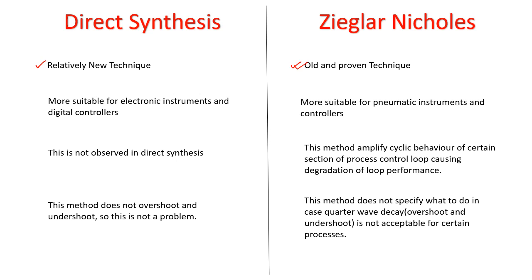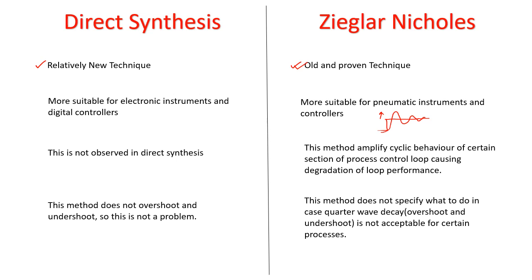So basically, if you see in the Ziegler-Nichols technique, when you give an input, what will happen? There will be one up cycle, then one down cycle, and another down cycle, another up cycle at least, right? So this is a surge. This is a sudden surge in the output or in the change in the process, right? This is acceptable in the case of the pneumatic system, or I would say rather required.